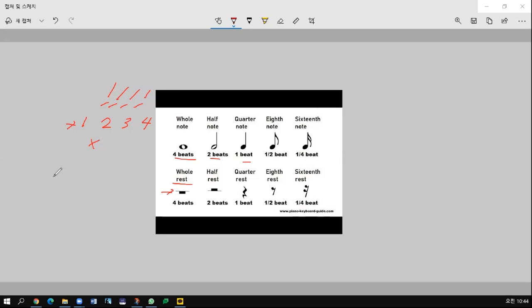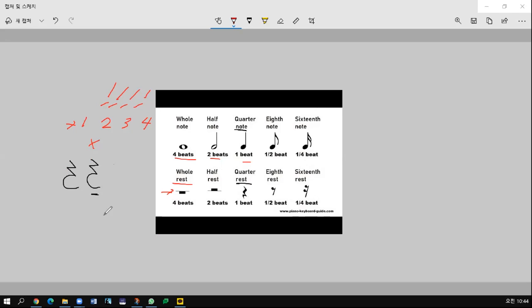Quarter rest looks like 1, 2, 3, 4. This is the easiest way to draw it. This is the quarter rest. Instead of a note, you call it a rest, and this one is a 1 beat rest.